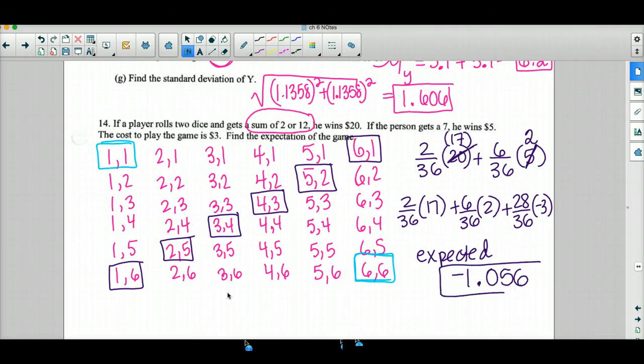You don't want to round it too much. That means if you played this many times, the average amount of money a person walks away with is negative 1.056.